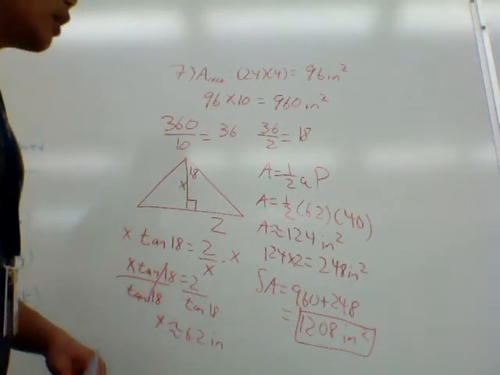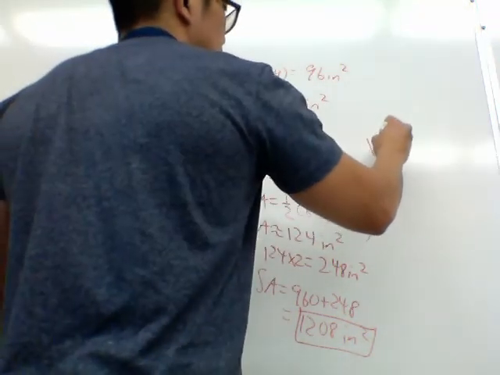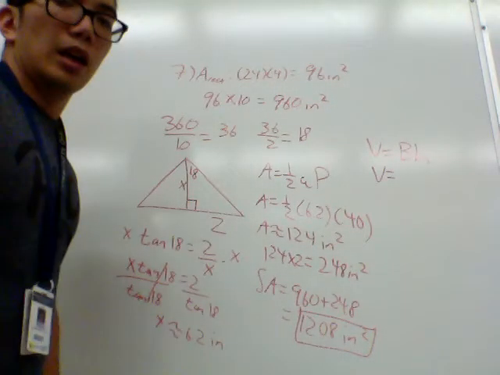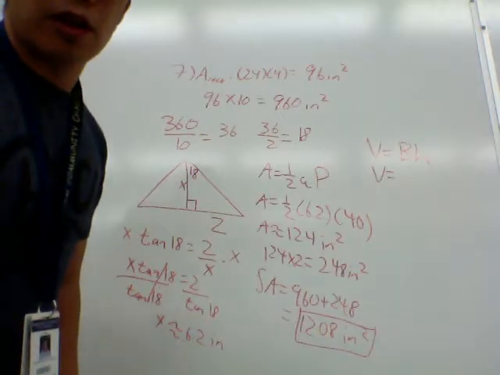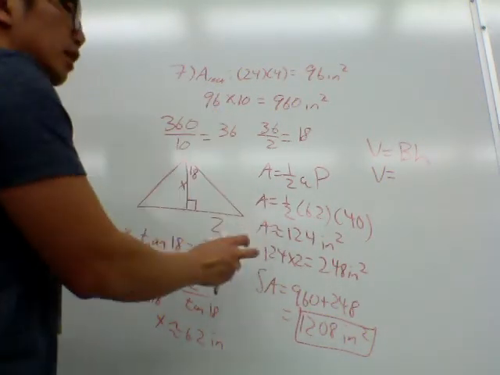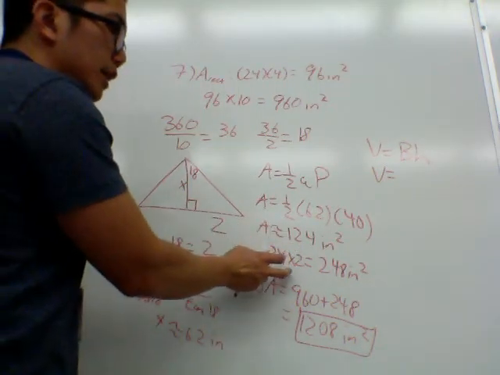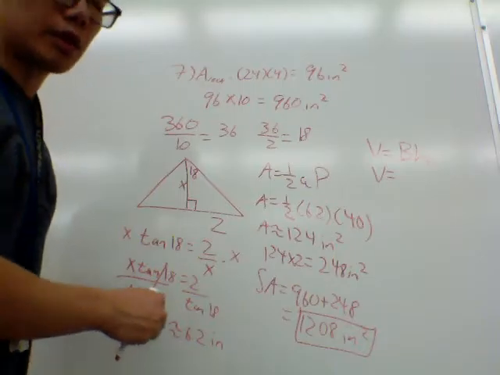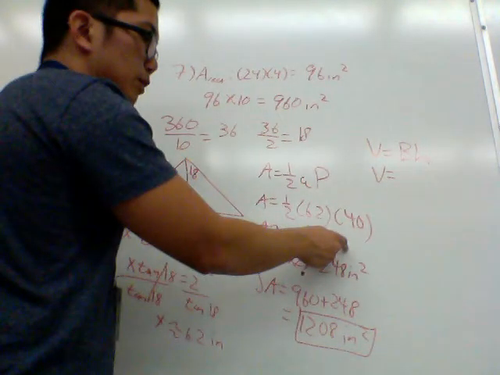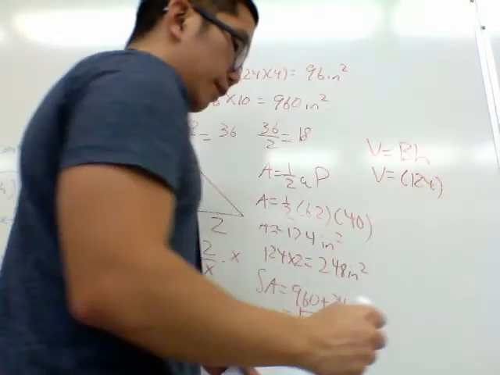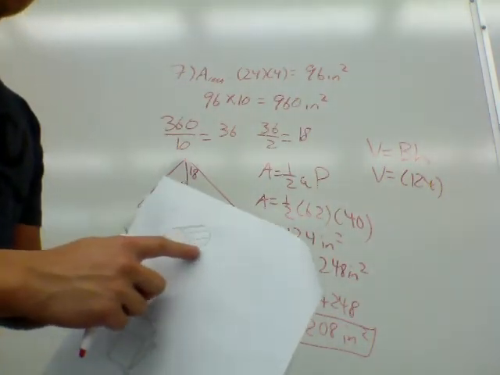And then to find volume, it is big B times H. And so the resulting volume, remember, I already have big B. Big B is the area of your base. And I found the area of the base when I did 1/2 apothem times perimeter. So the area of the base is 124. So I'm going to plug 124. And if I look at the height, I know the height.